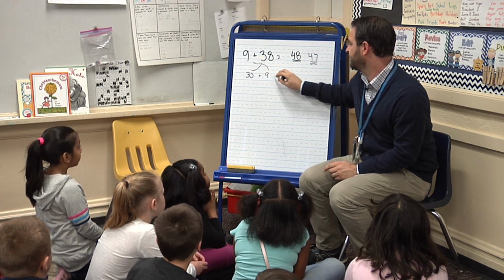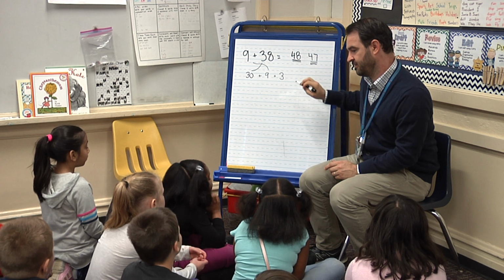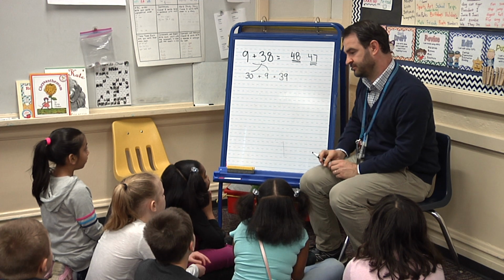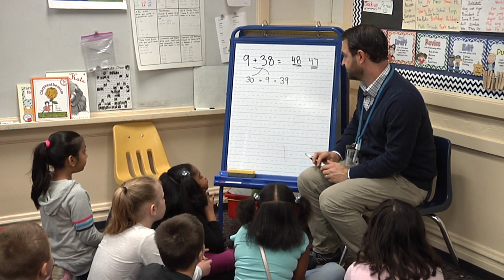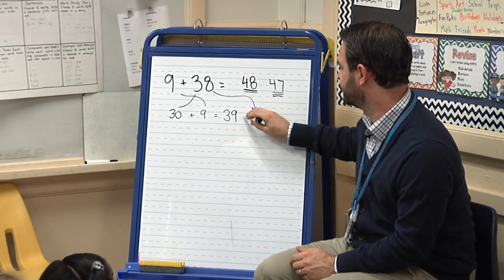And then I took away. Did you get 39? Yeah. And then I got the 8 out of 38 and then I used that. Okay. And then did you count on? Did you use your counting on strategy?